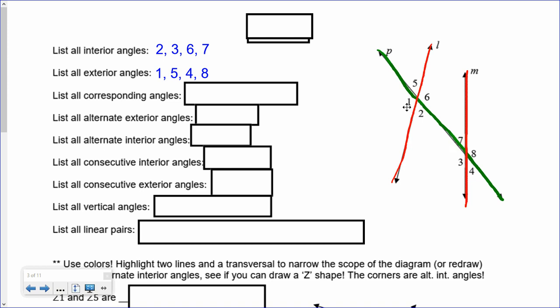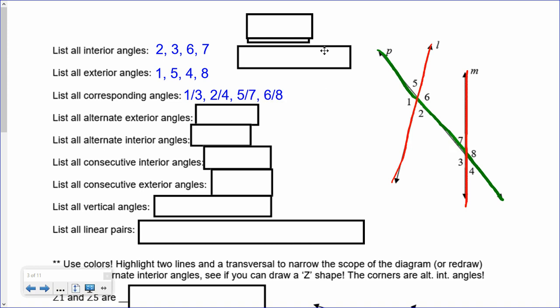So if I want the angle that's corresponding, I have to go over here and find the angle that's in the lower left-hand corner as well. So I know that angle 1 and angle 3 are corresponding. Angle 2 is in the lower right-hand corner, so is angle 4 in this section of the diagram. So 2 and 4 would be corresponding, 5 and 7, and then 6 and 8 would also be corresponding. So again, you just pick one of the angles and you go to the same position in the other intersection and find the matching position, and you're good to go.